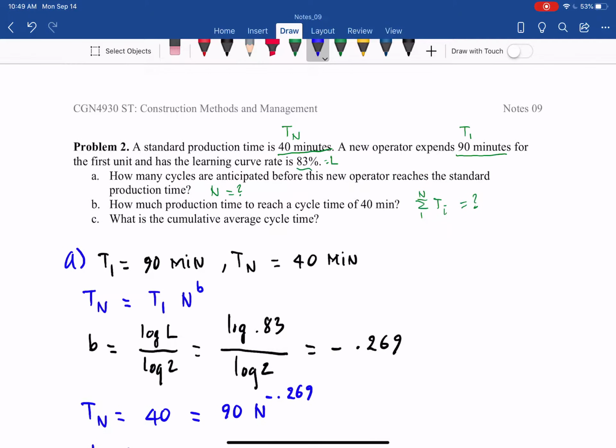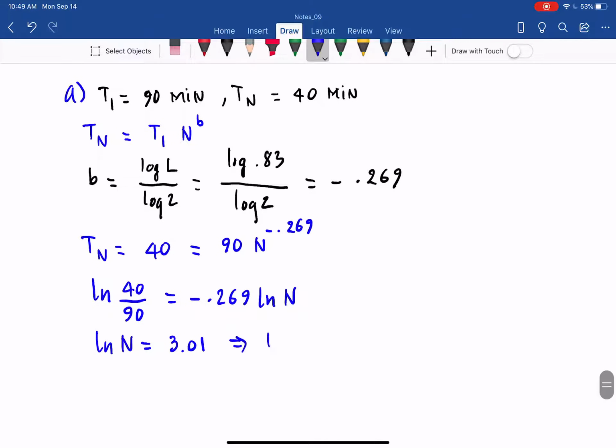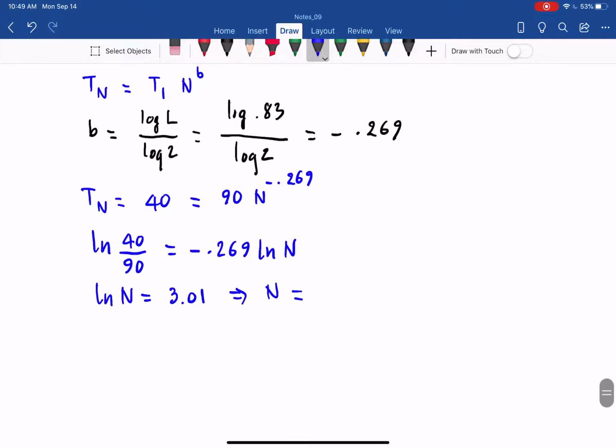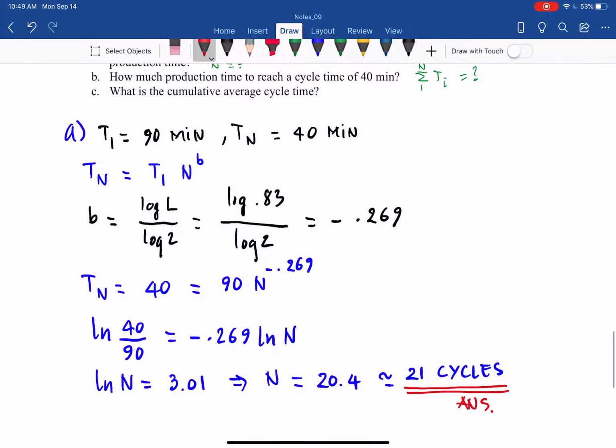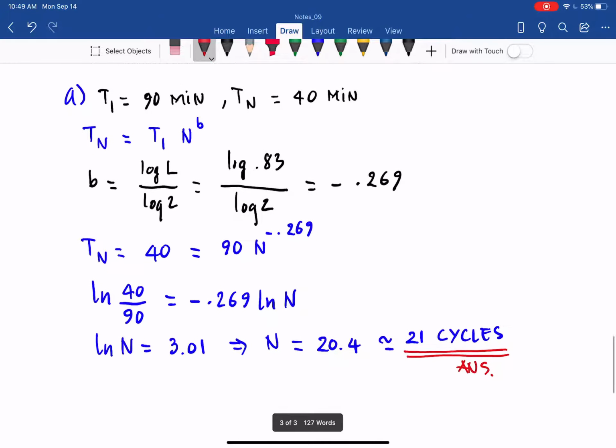Then with the calculator, n equals 20.4, so approximately 21 cycles. What does that mean? We need 21 cycles to reach the standard production rate of 40 minutes per unit from the initial unit that needed 90 minutes, so 21 cycles.